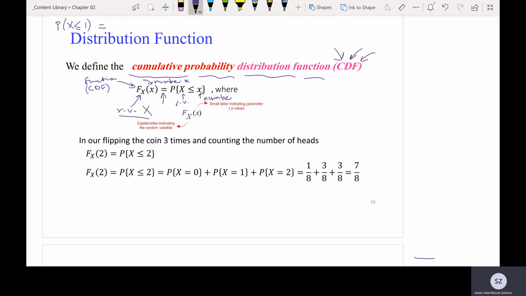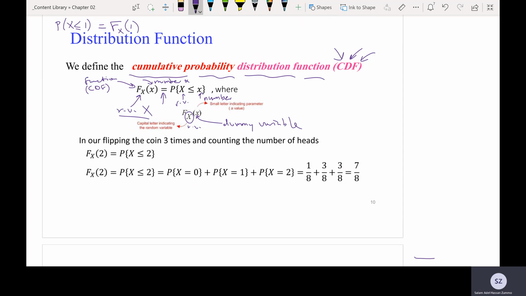In terms of the CDF, this is equal to Fx of 1. Fx of 1 means the probability that X is less than or equal to 1. This is a capital letter because it denotes the random variable, and this is a small letter because it's a dummy variable, or a specific number. Clear, guys?